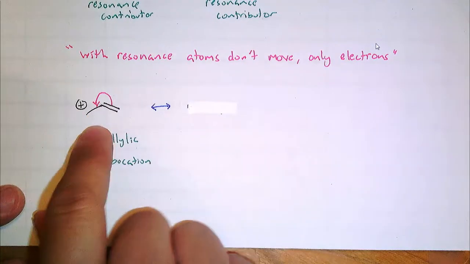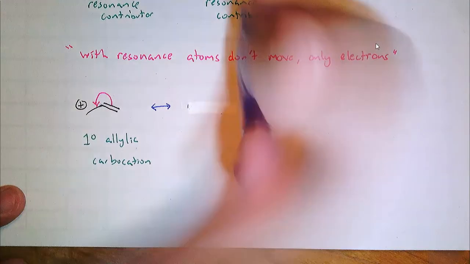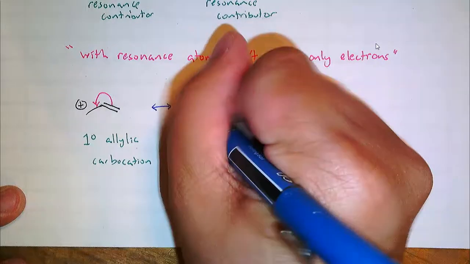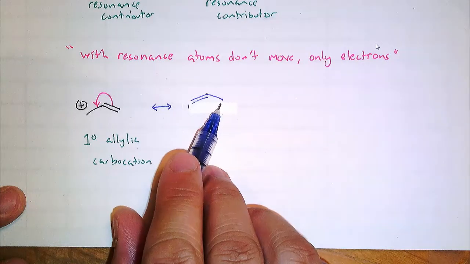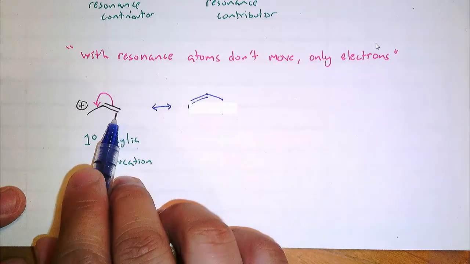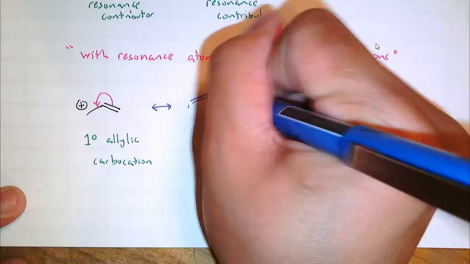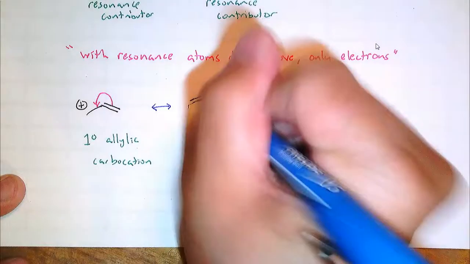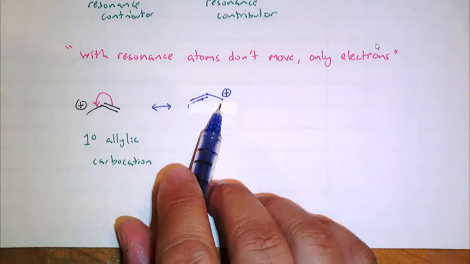Trust your pink arrows. Your pink arrows are telling you that the pi bond now is shifted to the left. We have this bond to a carbon on the right, and this carbon has two hydrogens. This carbon still has two hydrogens. So be very careful, because when you draw that, I know you're trained to make every carbon tetravalent, to pretend that there's enough hydrogens to make that carbon have 4 bonds.